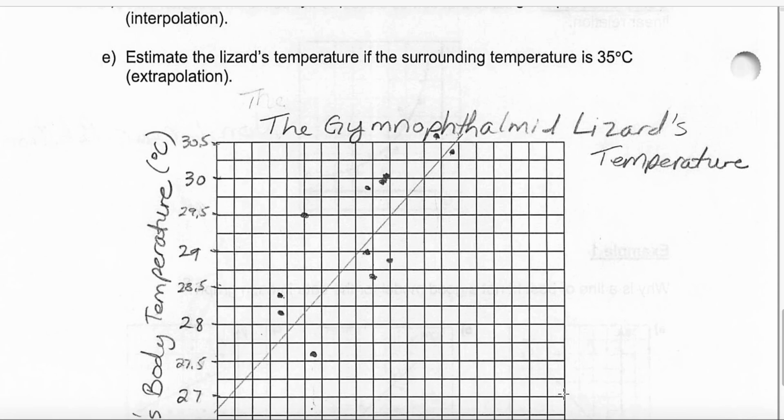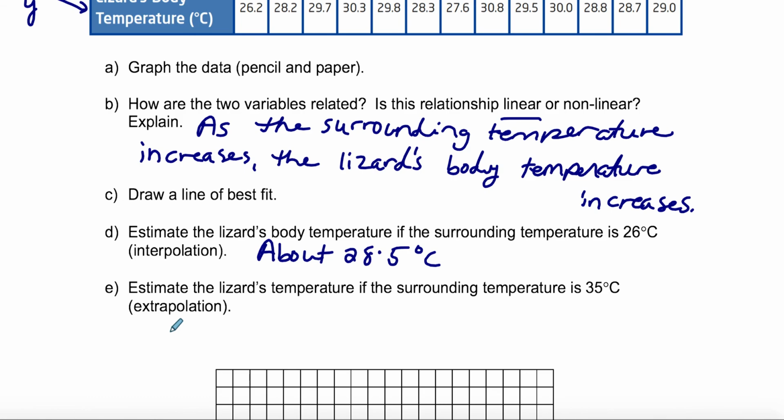You could imagine or even draw your line straight until it was about up here somewhere. And so this is just a prediction. It looks like maybe 31 is there. I'm thinking about 32 degrees Celsius. Just an estimate. You have to be in the right sort of ballpark.